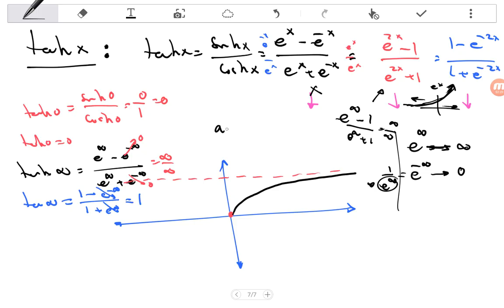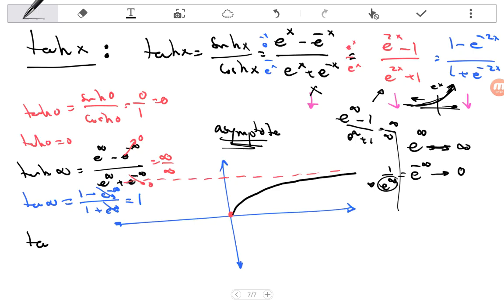It is called an asymptote. What is an asymptote? It is a line which the curve approaches, but never touches. Or you may say that it touches it in infinity.